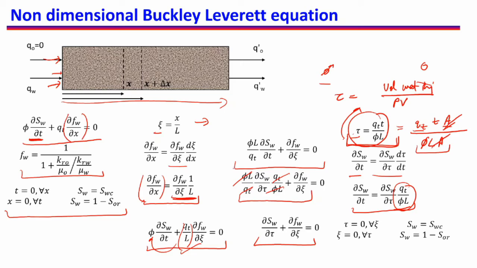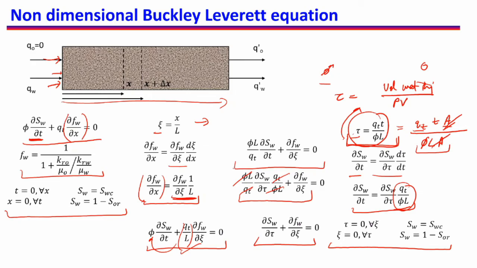It is just an equation between SW, FW, tau, which is the number of pore volumes injected, and xi, which is the non-dimensional length. And now the boundary conditions will also become as follows. At tau equal to 0, which is the initial condition, at all xi, that means in all the space, SW is equal to SWC.